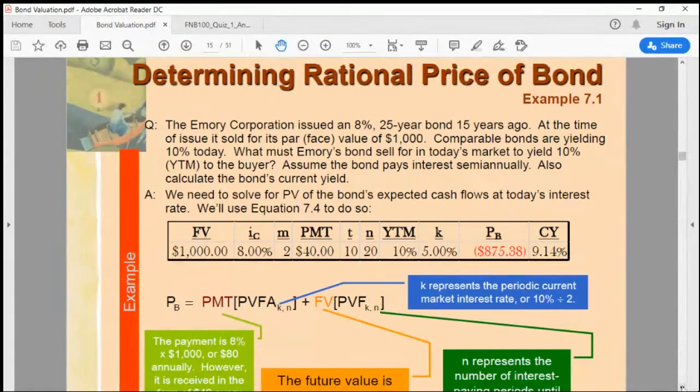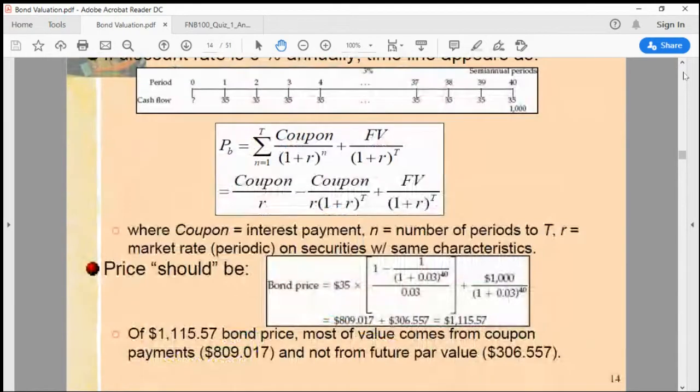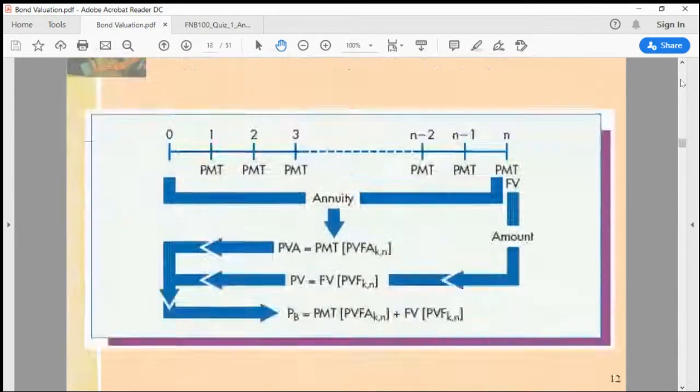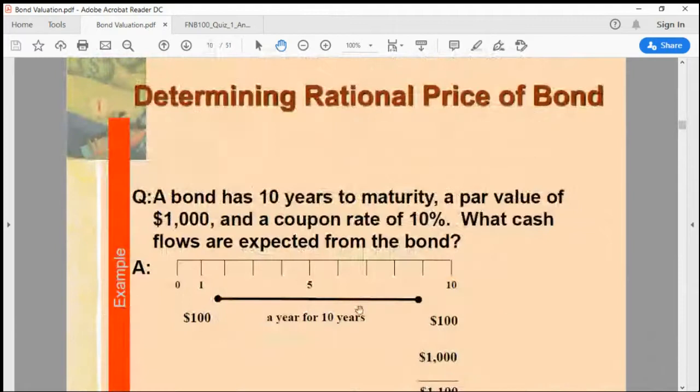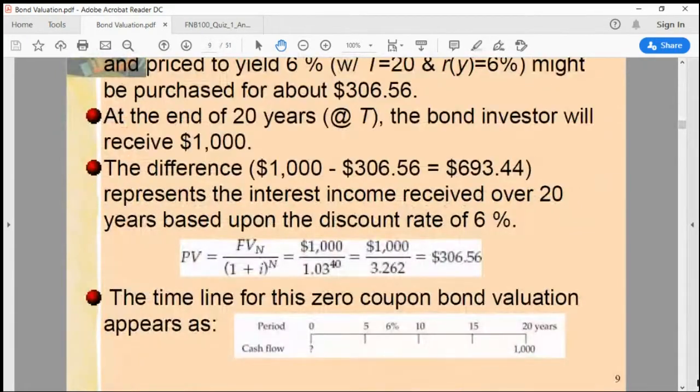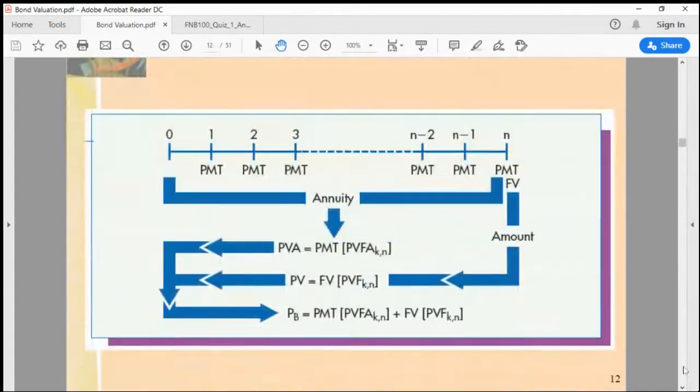So just to quickly recap what we did last time. We discussed the coupon bond valuation model, and also prior to that we discussed the zero coupon bond valuation model.